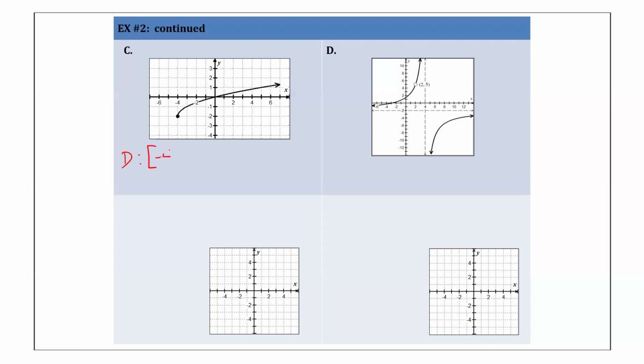It is included. So you remember the bracket, it means it's included. And then how far to the right do I go? Forever. And parentheses can't be contained. So it's always going to be infinity can't be contained, so it's always going to be a parenthesis.